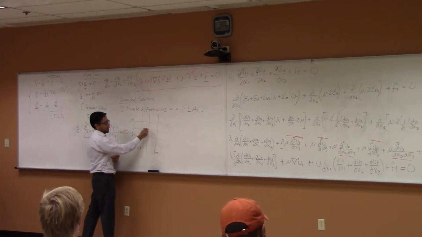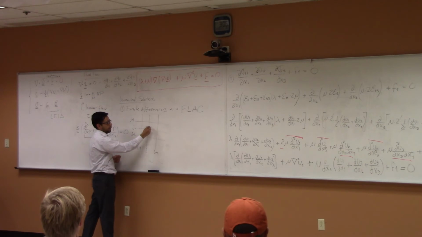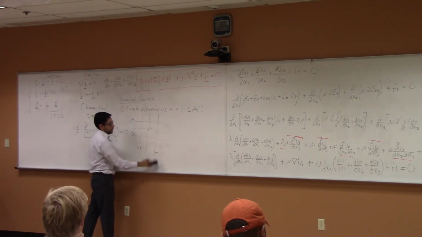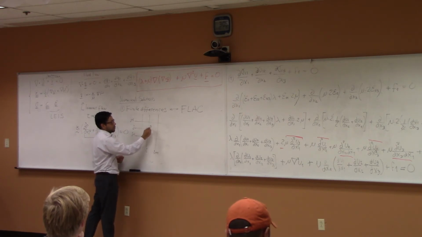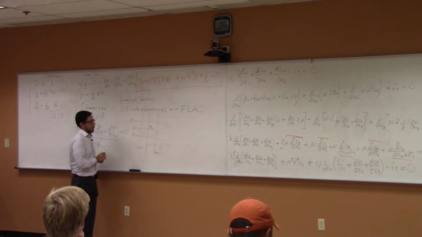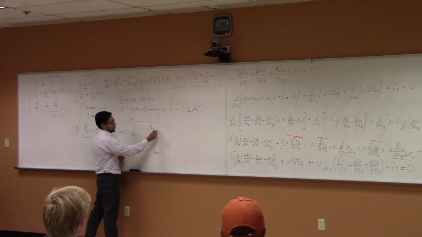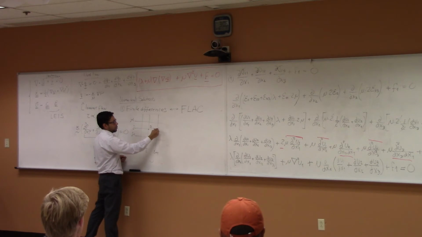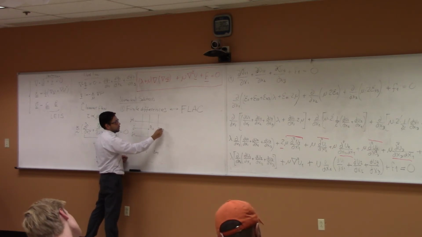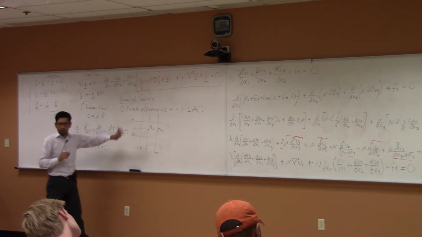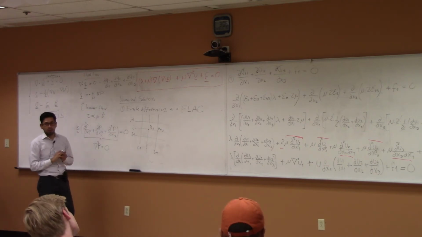So over here, I have the element Ij, and since I'm interested in pressure, this is going to be the pressure Pij. And for example, over here, I'm going to have the pressure Pi plus 1 J. And the same for all the other ones, right?